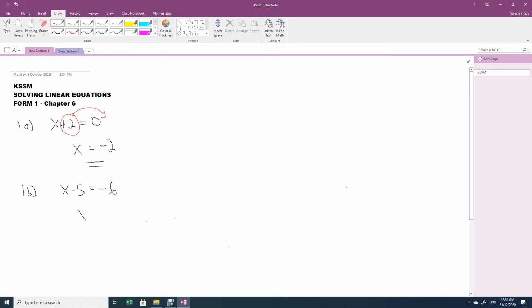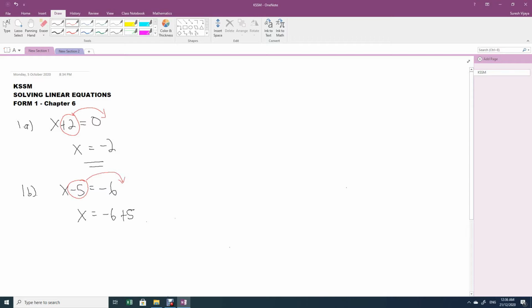So what we do is x equals to -6 plus 5. How do we do that? This is -5, right? When you cross over to the right hand side, the sign will change to +5.